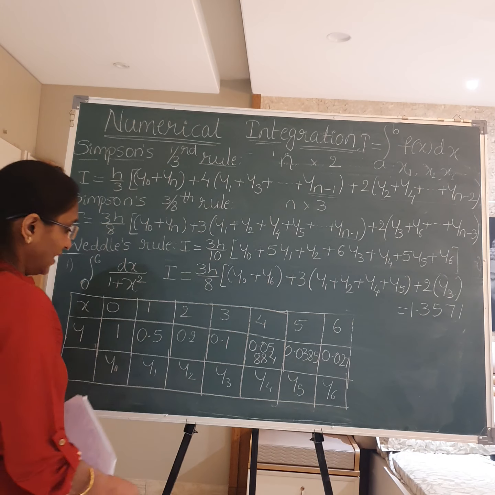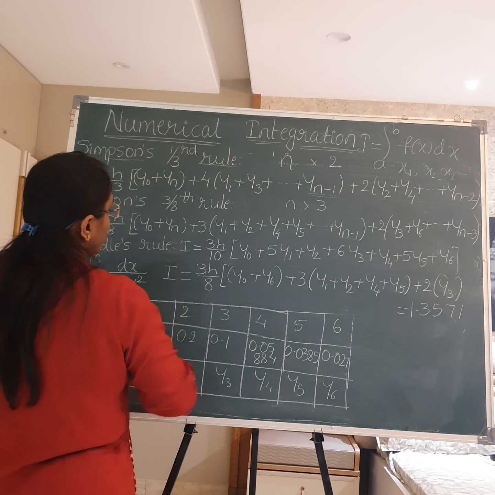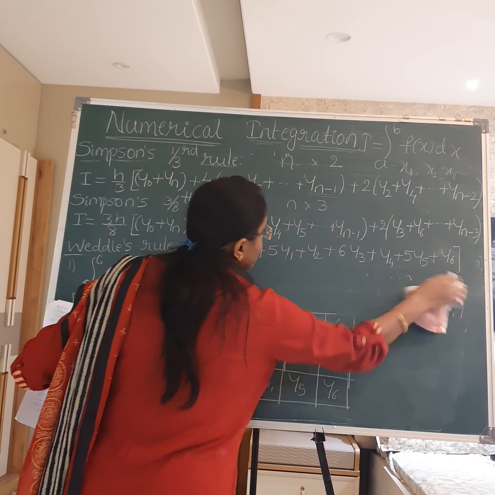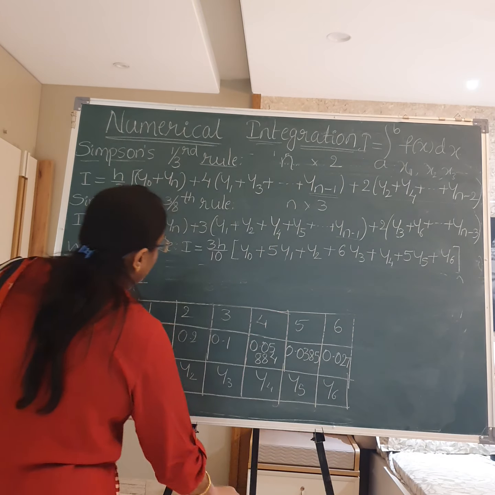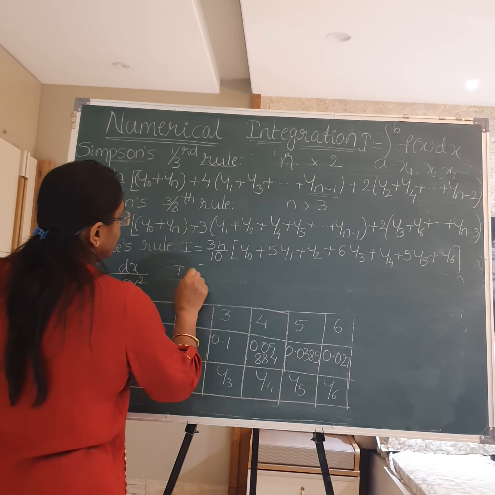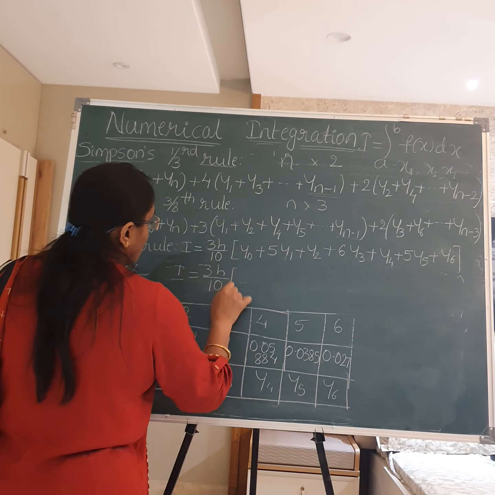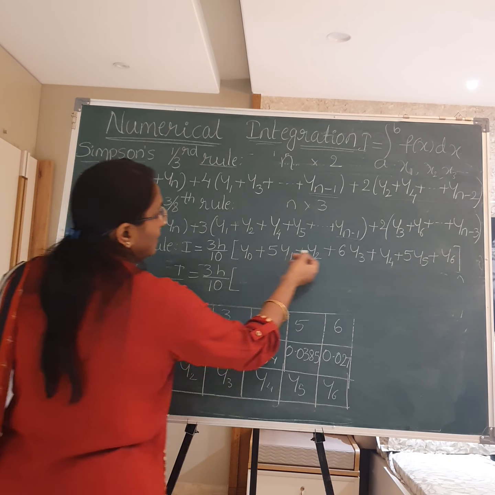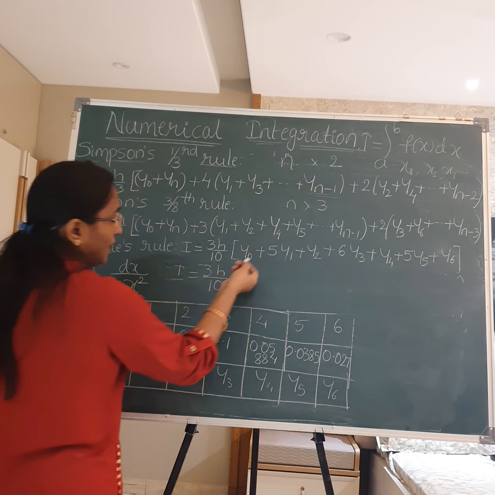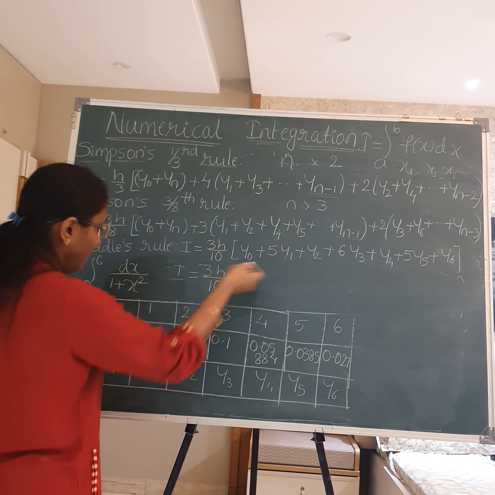Next is Weddle's rule. In Weddle's rule, it is very simple. So, I is equal to 3h by 10 into Y0. This formula won't change. Anyhow, you have to substitute the values.